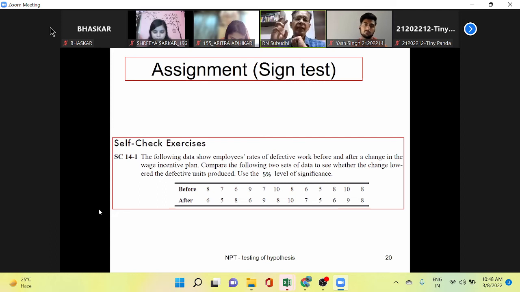What will be the benefit? Can we have less error, more efficiency? Say, for example, assembling of computer parts. Earlier there were many errors. Suppose you declare that if you work properly, you'll get an extra bonus or incentive. Now, before incentive and after incentive, you got this score.